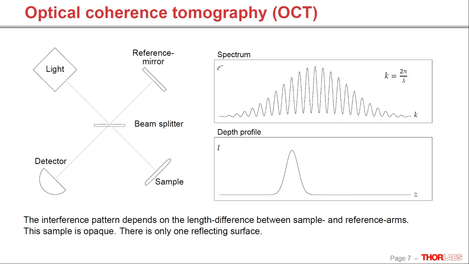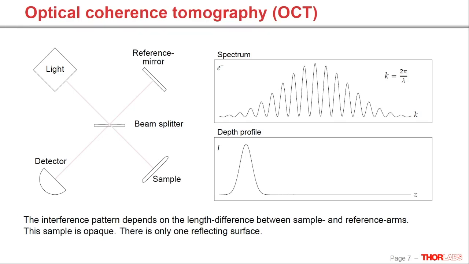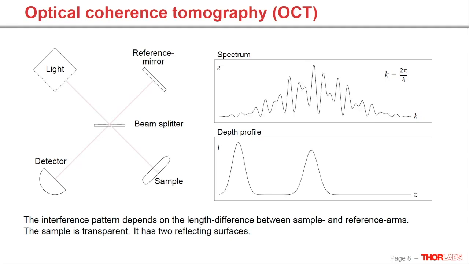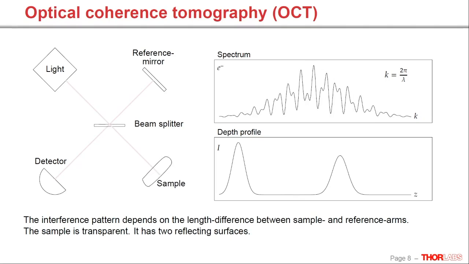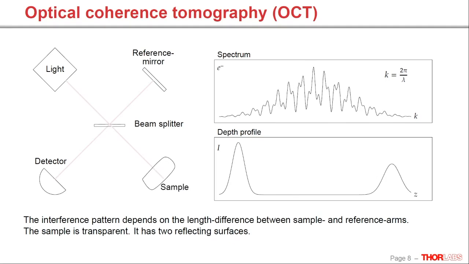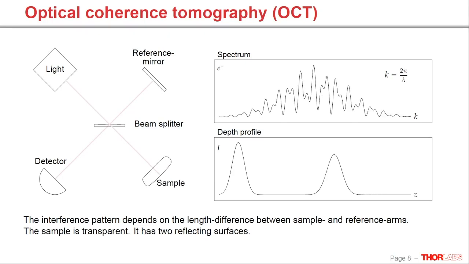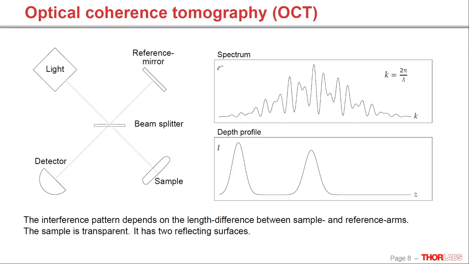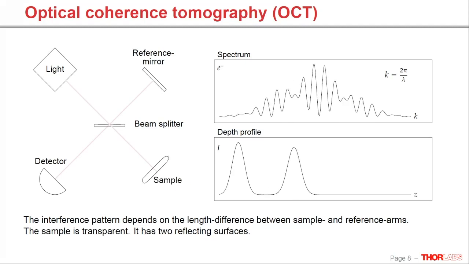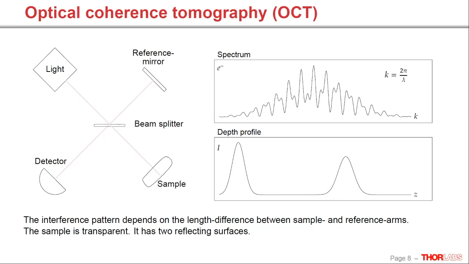In this case, it's an opaque sample with only one reflection. It can also be done with a sample that has two different reflecting surfaces. The spectrum is a little bit more complicated, and the depth profile shows us, in this case, two peaks. For example, this can be used to measure the thickness of a sample, but there are also a lot more interesting applications, as we will see later on.